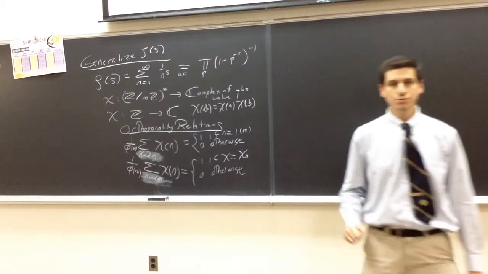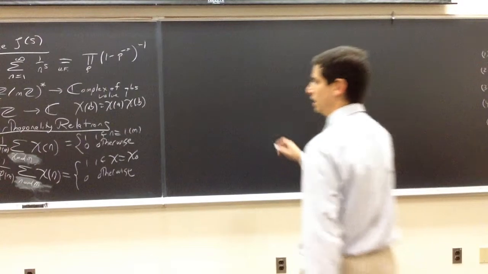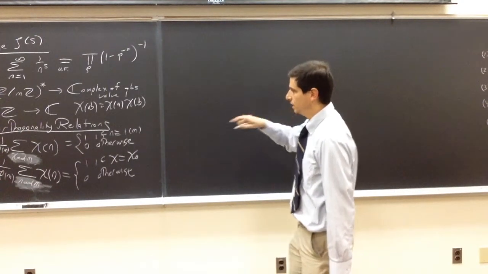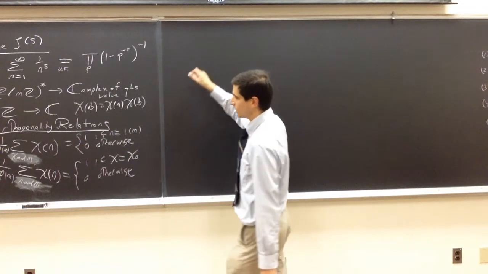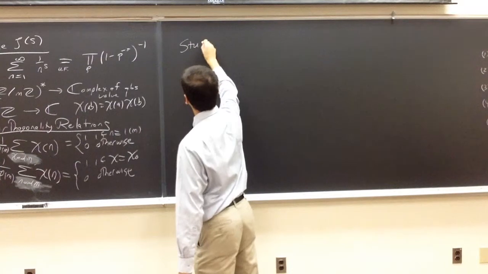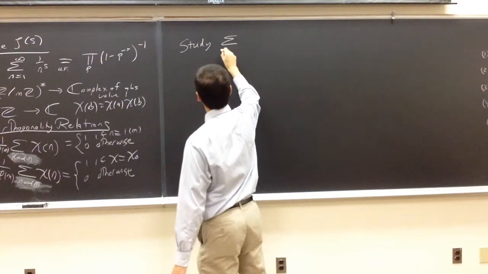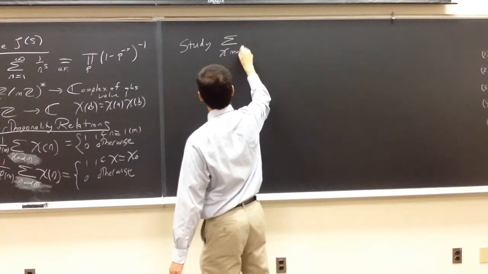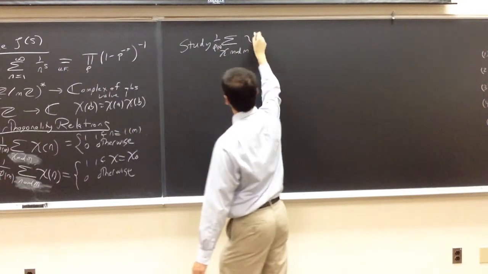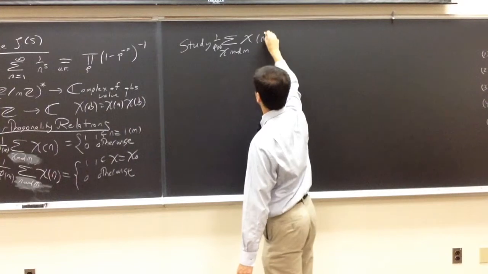Okay, so the proof of this fact is fairly nice. I think I do one in the book. Let's do one of them here. So let's study the sum over chi mod m of 1 over phi of m times chi of n.